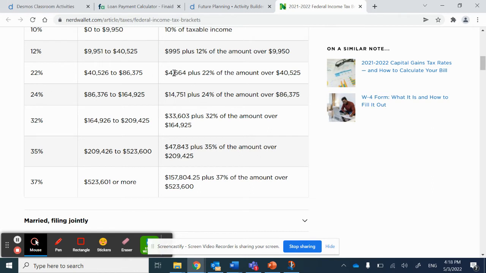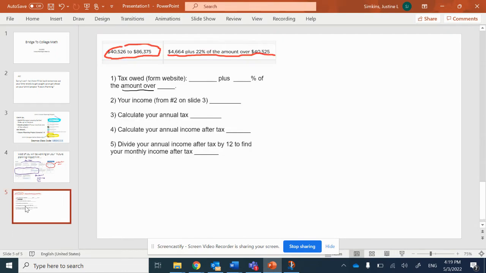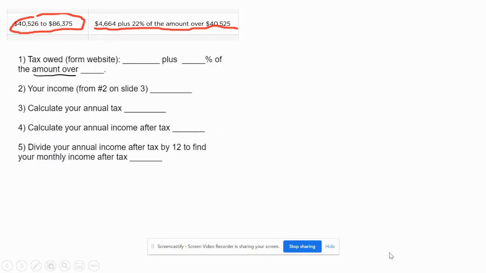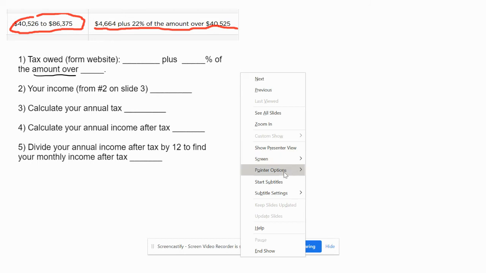Over here it says I'm going to pay $4,664 plus 22% of the amount over 40,525. Let's break that down and do some calculations based on it to see what that means. Here's the information I got directly from the website: 4,664 plus 22% of the amount over 40,525.